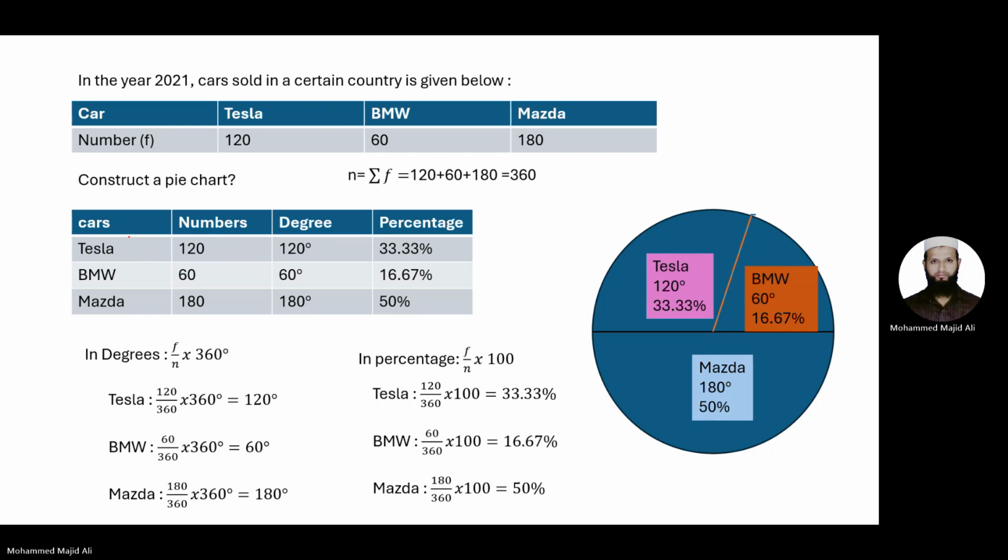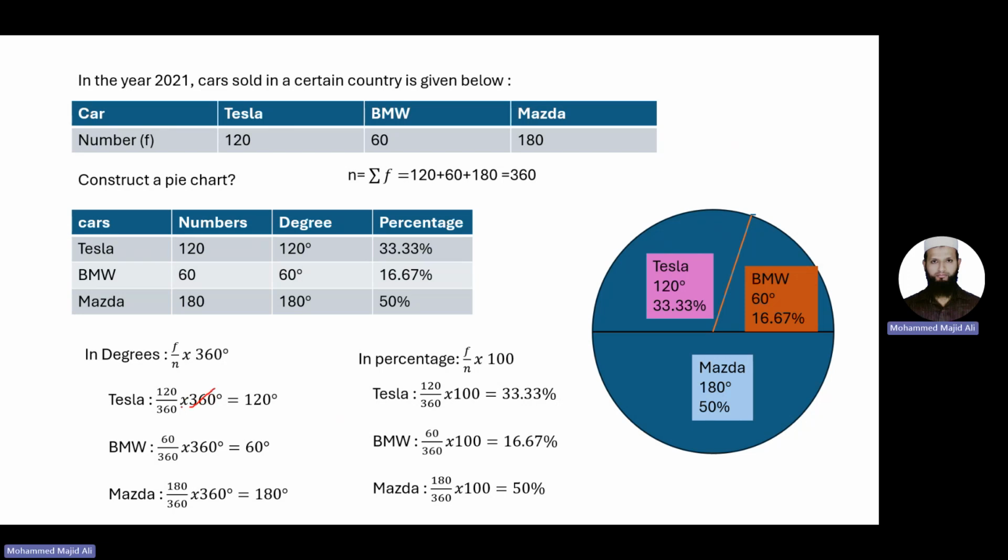Now, for Tesla, what is the frequency? 120. So we'll use here F by N multiply 360. F is 120 divided by total N 360 multiply 360.